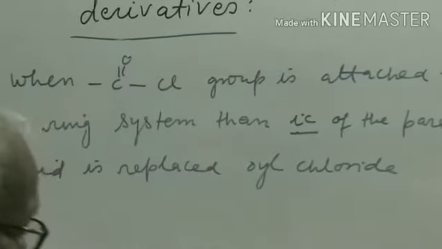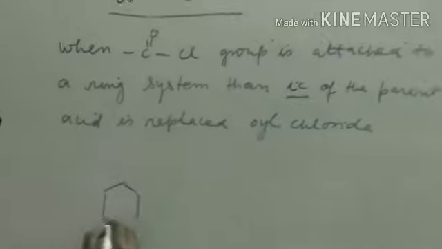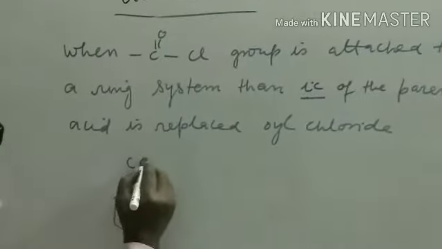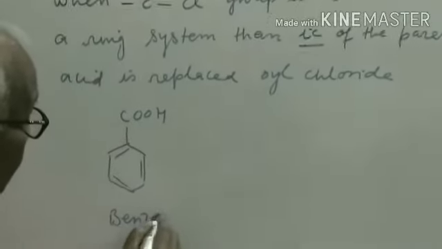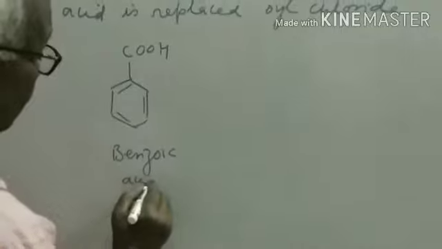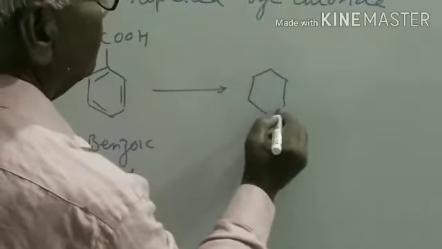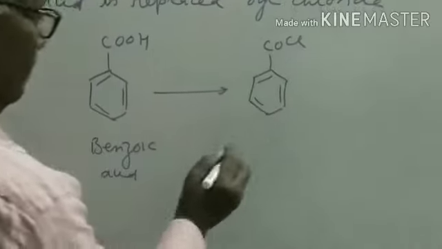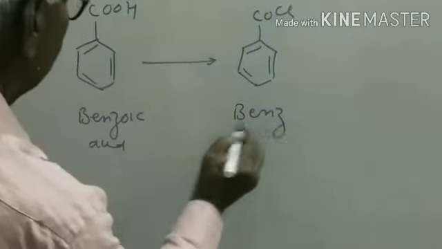For example, this is benzoic acid, as a reference. This changes into acid chloride. So the COCl name will be benzo.